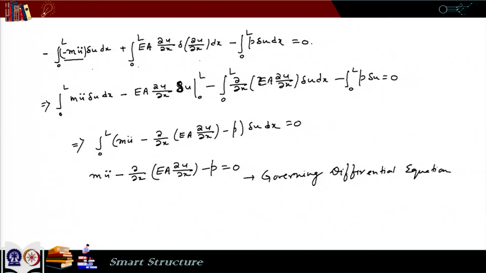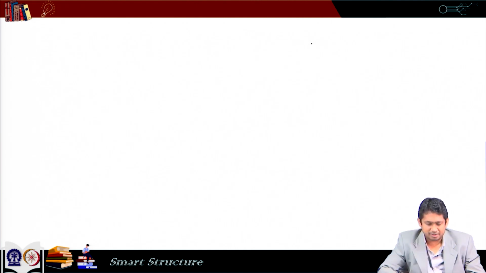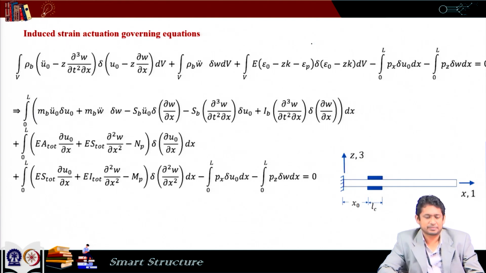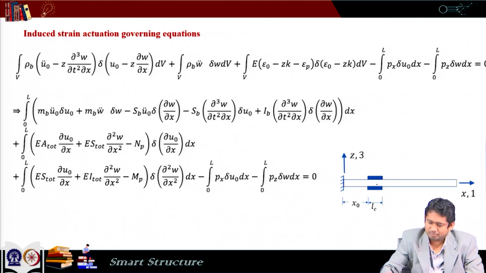Now, we will derive the governing differential equation for a beam which has piezoelectric patches, and there is dynamic actuation, which means the input voltage can be a function of time, and there can be distributed load also, which can also be a function of time.